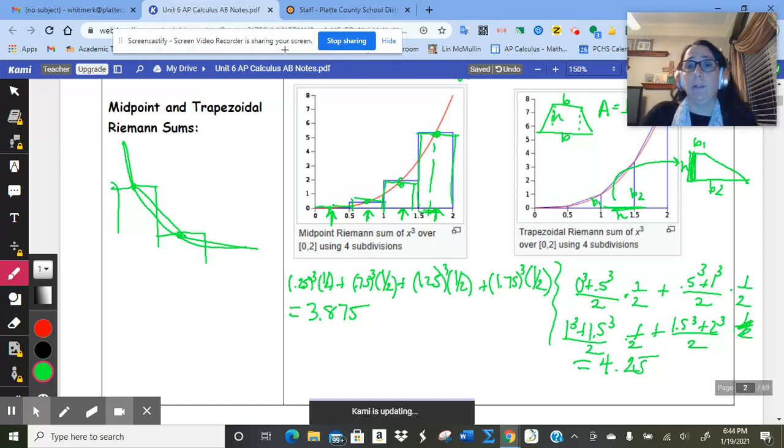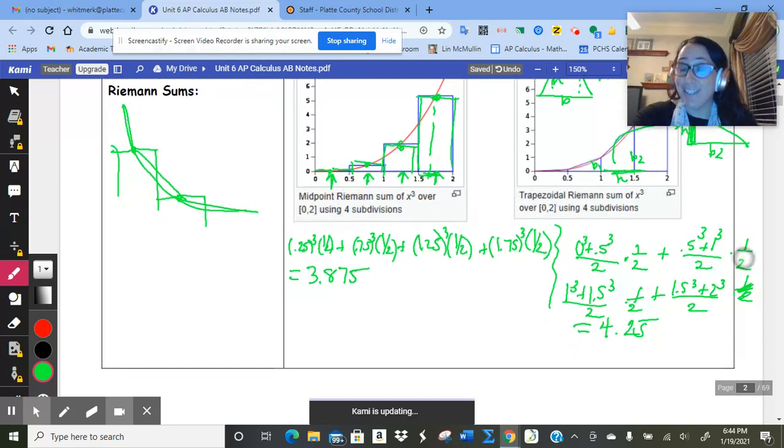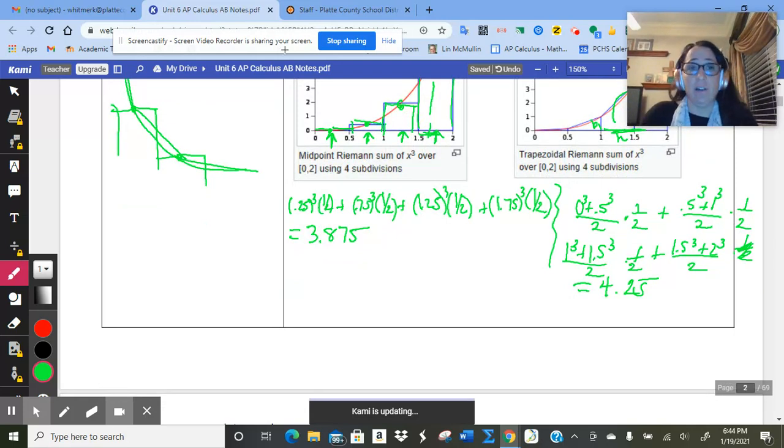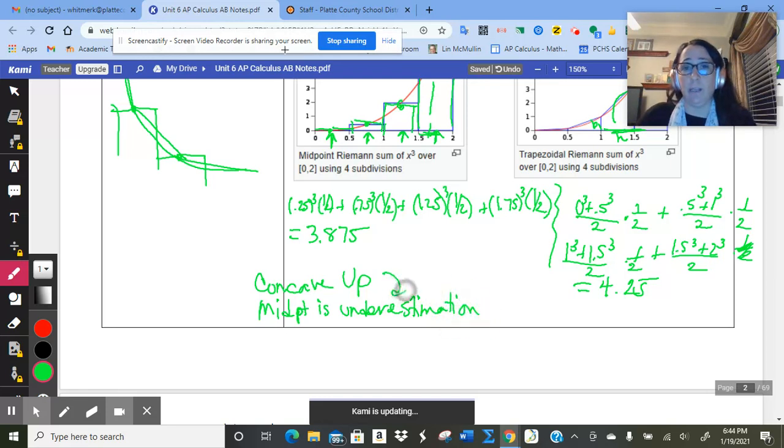What tells me the over and the under here is concavity, just like with tangent lines, okay? So when we are concave up, as you can see, both of these are concave up, then the midpoint is an underestimation, not by a lot. And when we're concave up, the trapezoidal is an overestimation.